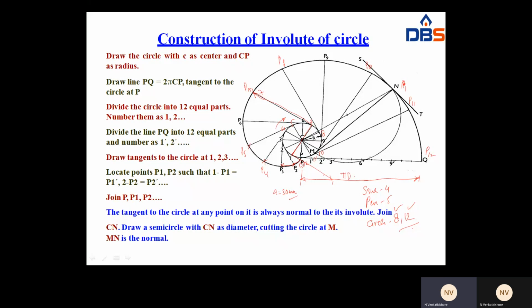So here we are winding this thread around the circle, so around the circle means the circumference of the circle. So what is the length? Pi d length. Pi into d, d being 60 for this, so approximately 185 mm. This is the total length. Most probably it may equate to that.